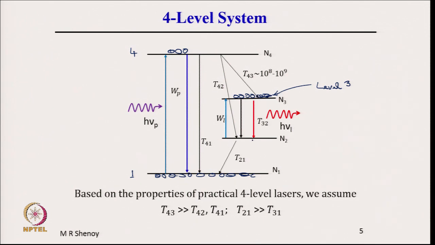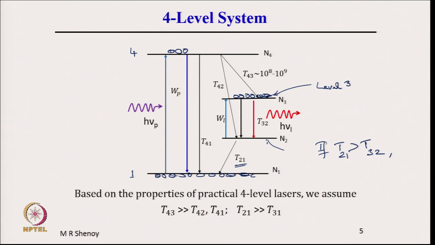When they come down to level 2, if T21 is a fast transition, that is, whatever comes here immediately goes down to the ground state, that is, if T21 is much greater than T32, then we will have net accumulation here and we will have population inversion between level 3 and level 2.